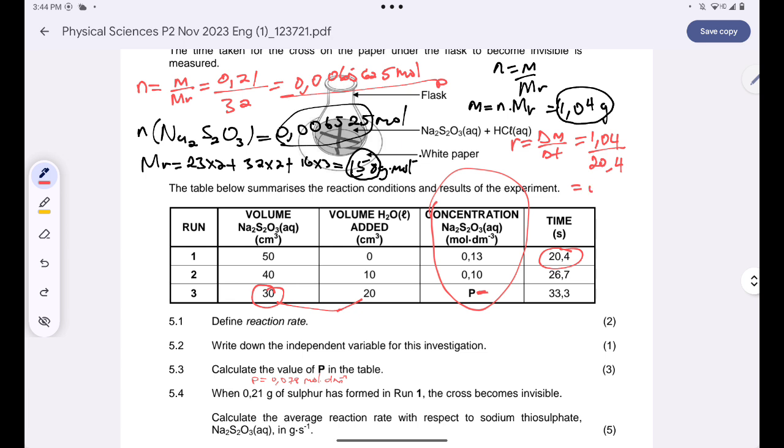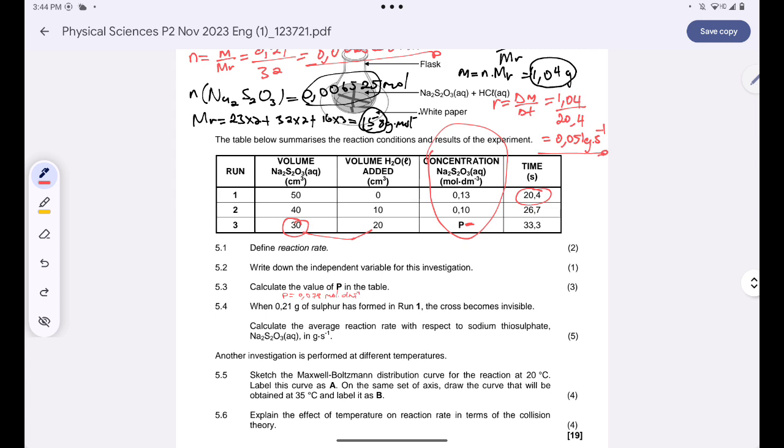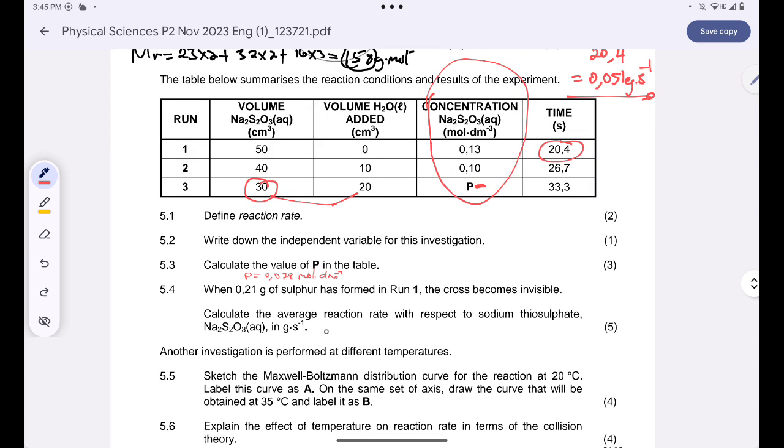This will give me 0.051 grams per second. This is my rate of reaction. Okay, let me write it there: 0.051 grams per second.